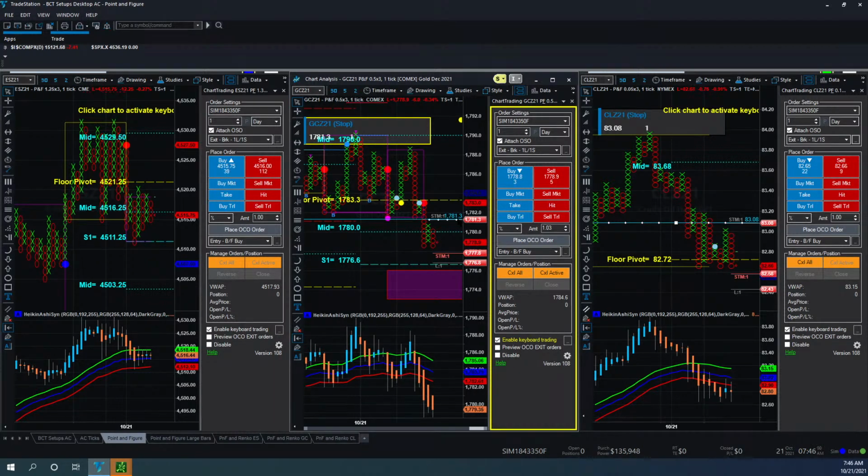Reacting at this bottom level. Yeah, moving up. Renko forming a higher low.